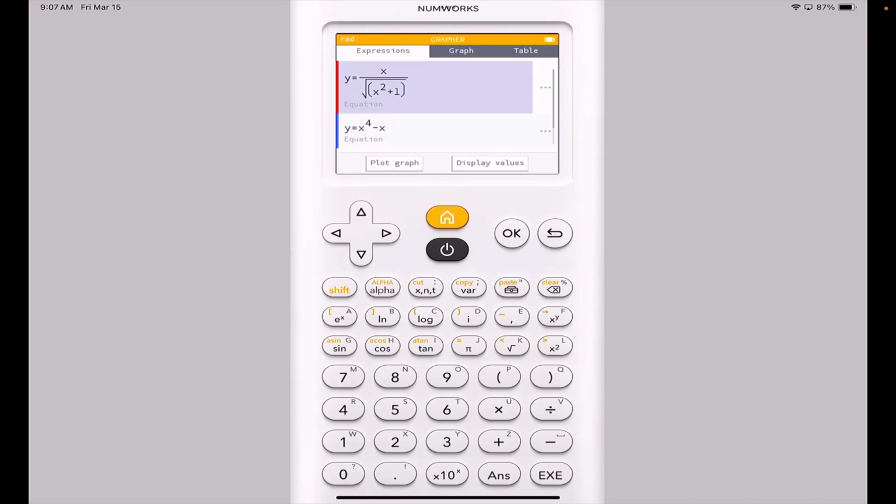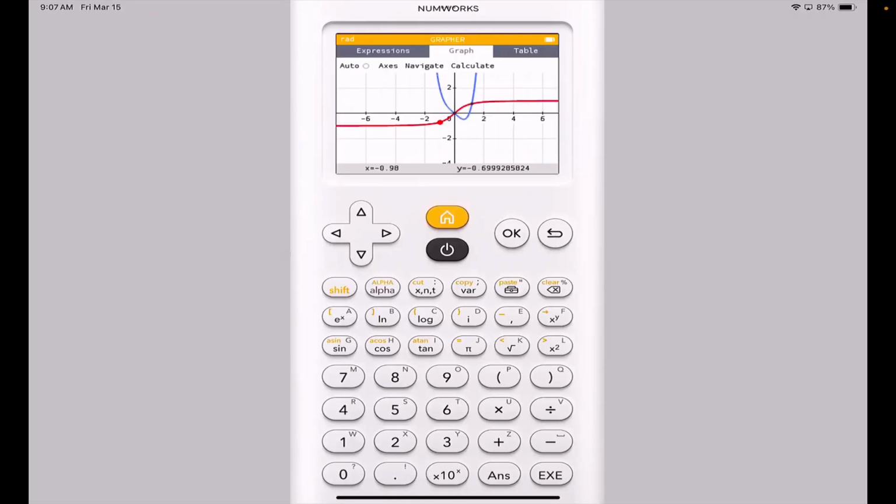Go up to the graph. There it is. So again, plus and minus. Once you get to the graph, just hit the plus and minus, the addition and subtraction. That will zoom in or zoom out. Plus zooms in, minus zooms out. If you want to move around, go to navigate.